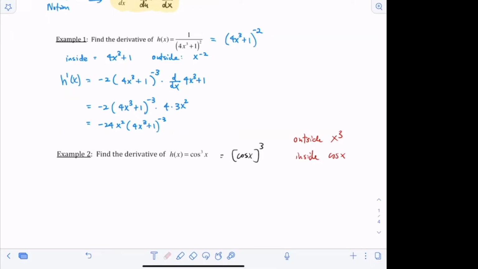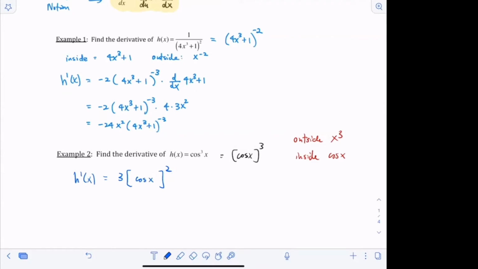So let's do this. When I calculate h prime of x, I take the derivative of the outside. What's the derivative of the outside? It's going to be 3 times something squared. Any questions about that? Now you got to keep the inside. The inside is cosine of x.